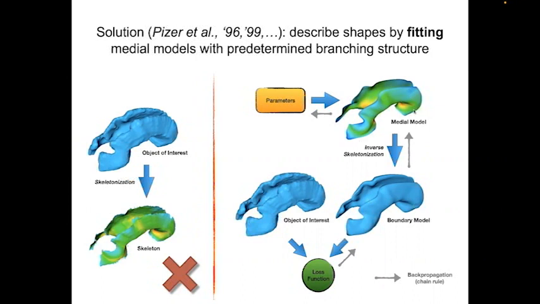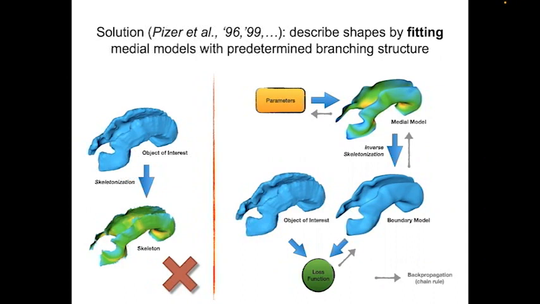And so essentially this becomes an optimization problem where the tools that we need are a way to go from a parametric representation of the synthetic medial axis to a boundary representation. We want to be able to do this in an efficient way because we have to do this at every step of the optimization procedure. And then we have to have some way of comparing our boundary model to the object of interest, and then, of course, taking gradients.